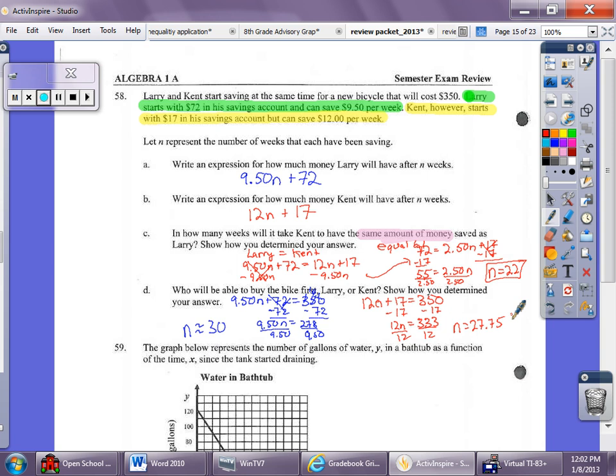So which number is shorter? It'll take Larry about 30 weeks. It'll take Kent about 28 weeks. So Kent will be able to get the bike first.